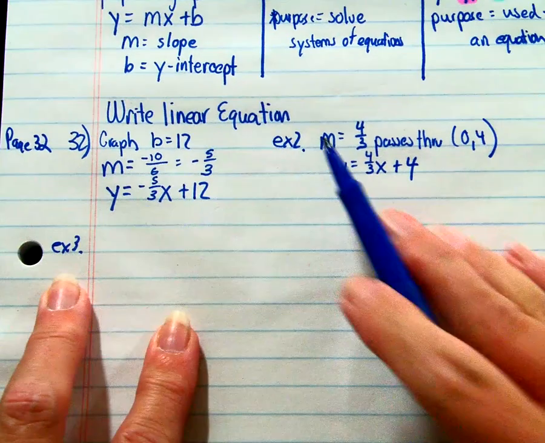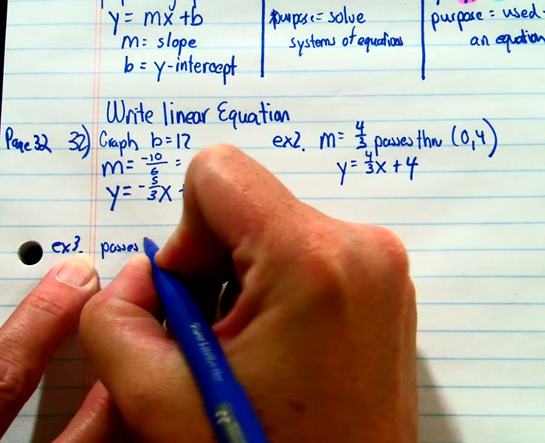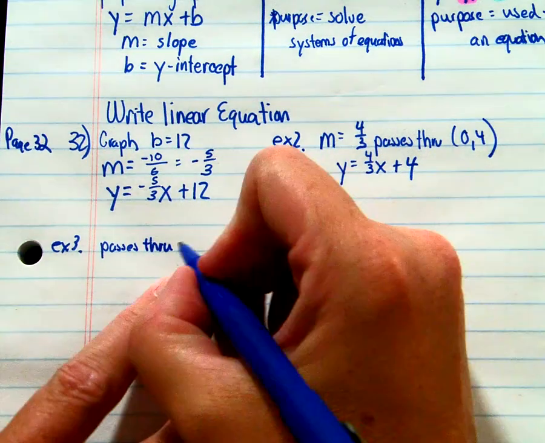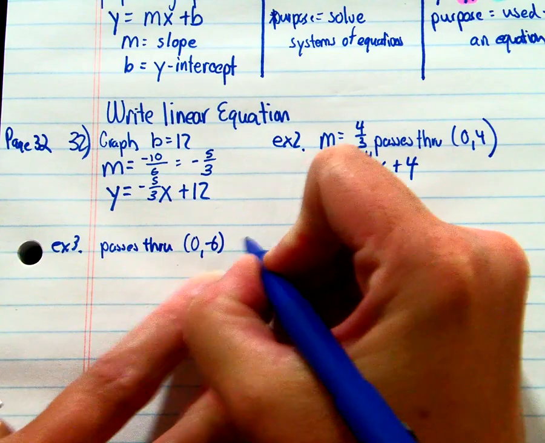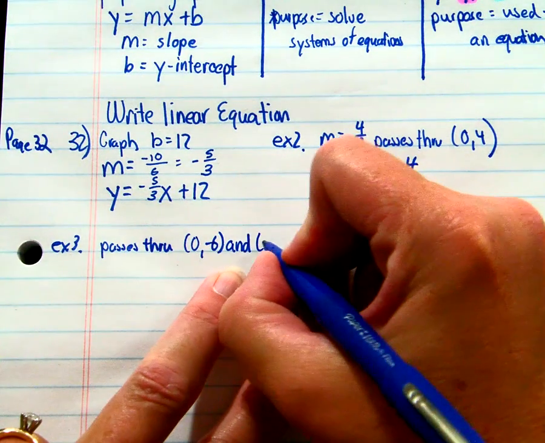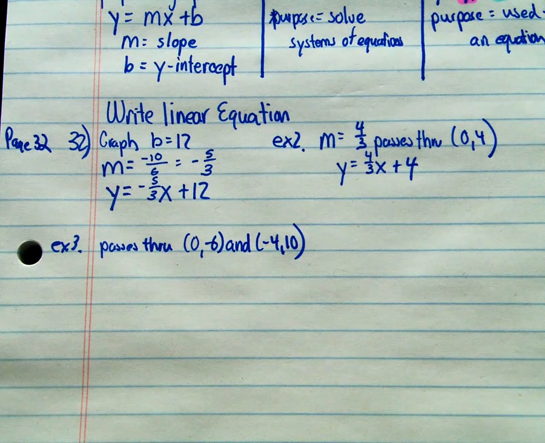All right, example 3. You're going to write me a linear equation for a line that passes through (0, -6) and (-4, 10). Take a second and analyze those 2 points. Think about where they would lie on the graph, and think about what information you've been given.